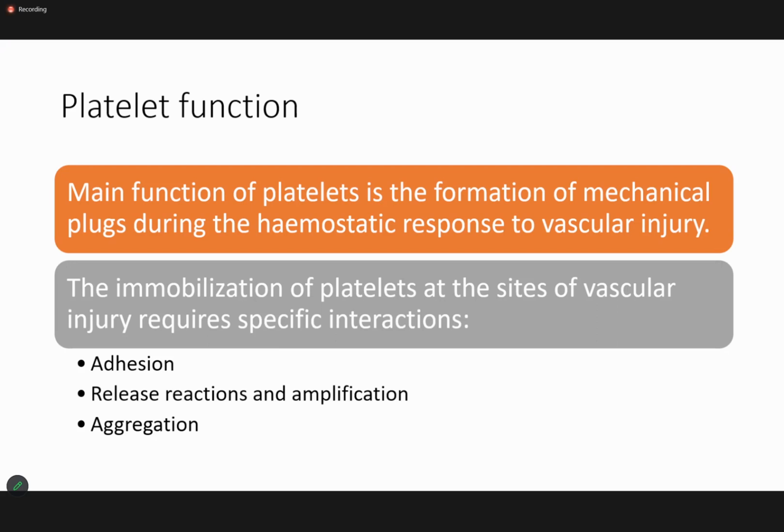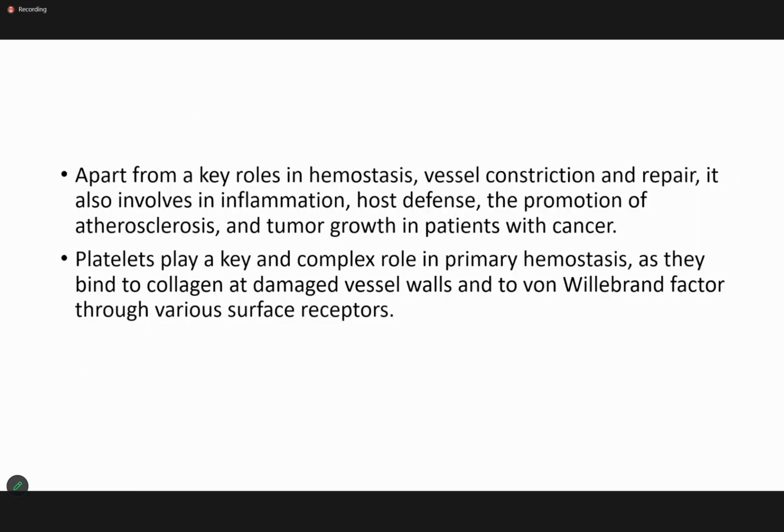The immobilization of platelets at the sites of vascular injury requires specific interactions, which start with platelet adhesion, platelet activation and secretion, and amplification, as well as platelet aggregation until they form a soft platelet plug.